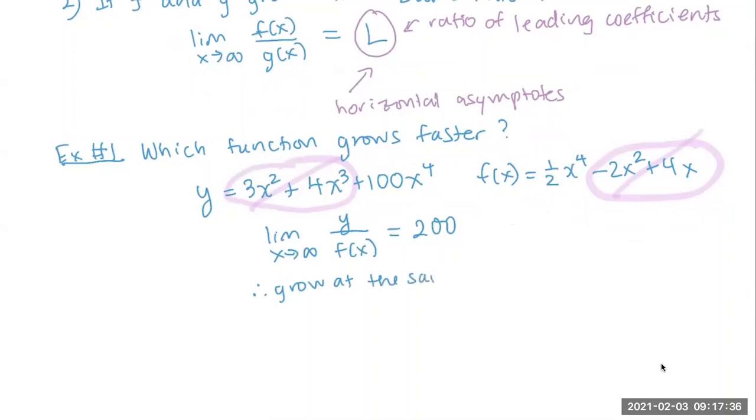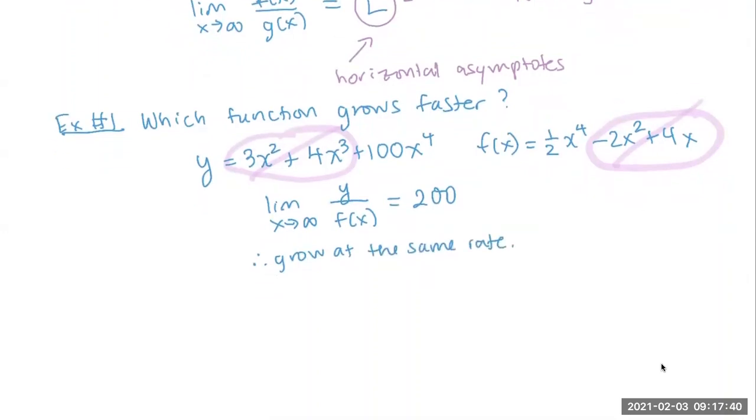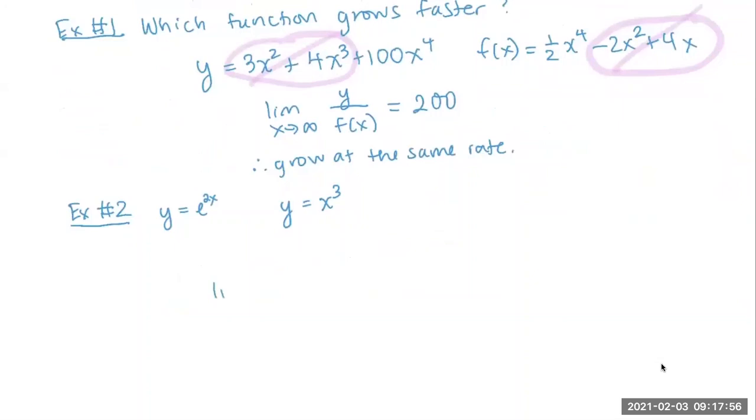Actually, the whole L'Hopital's rule part does apply, and you might not know, but you're informally doing it in your head. So let's say example number 2. You have the same question. You're comparing y equals e to the 2x and y equals x cubed. Let's say they ask you to make a comparison.